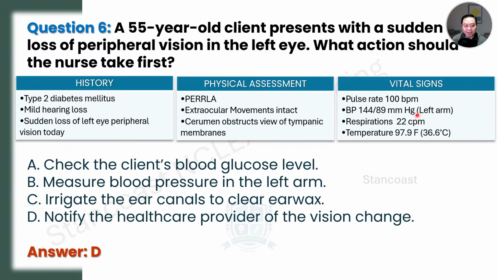Okay. Now, if you selected letter C, irrigate the ear canals to clear earwax, this is not going to address the urgent concern, which is the sudden loss of peripheral vision. Again, your goal here is to prioritize treating the possible occurrence of retinal detachment, which can lead to permanent visual damage.